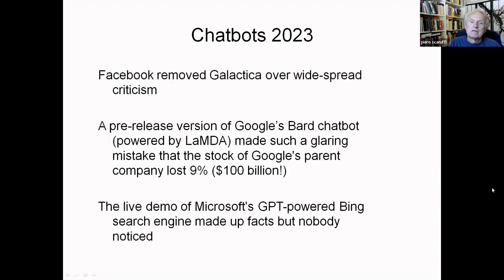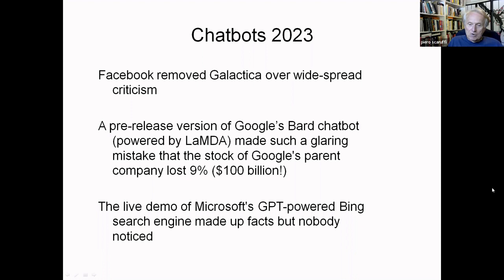As you probably know, when Facebook introduced Galactica, it removed it, I don't remember, after a few days because of widespread criticism. Google's Bard also, when it debuted, made some glaring mistakes, that apparently caused the stock of Google's parent company, Alphabet, to crash.